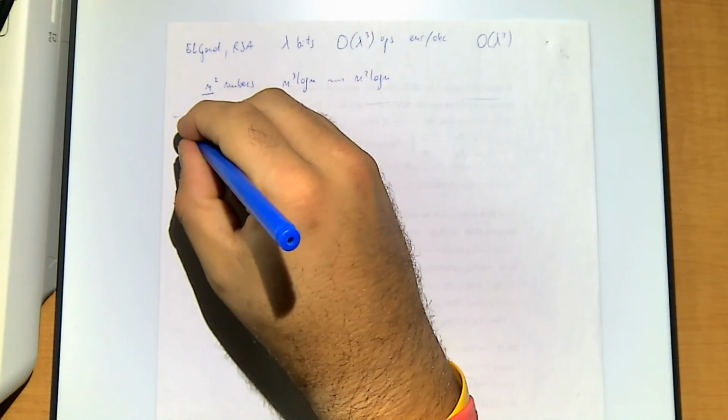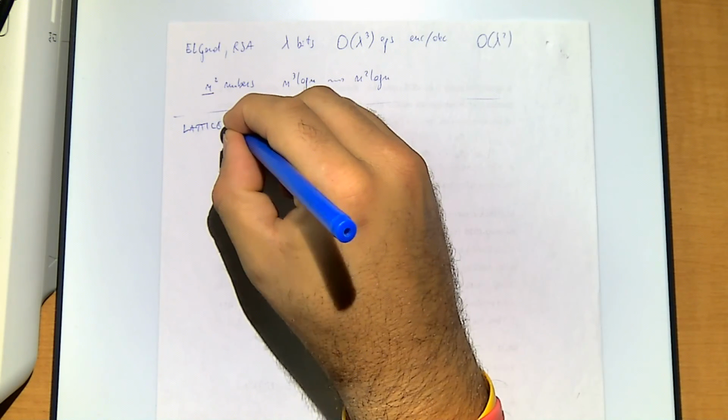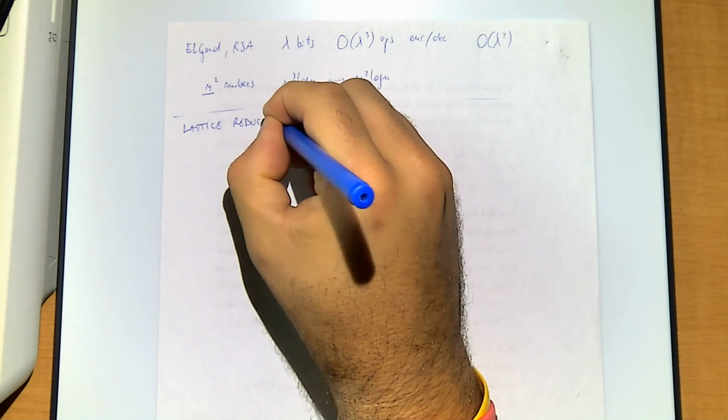So what is the point? If I have a good basis, I know how to solve it. So I have only a bad basis. This is what we call lattice reduction algorithms, because you're trying to find a good basis from a bad one.